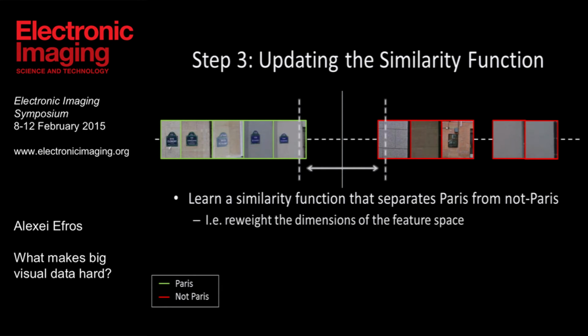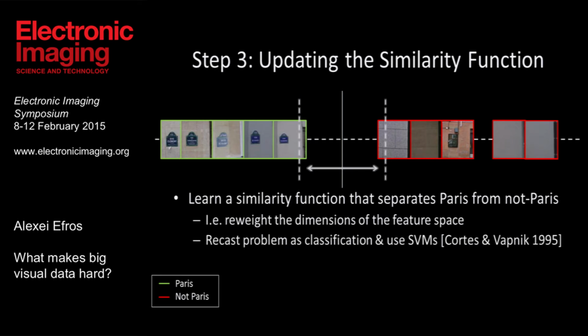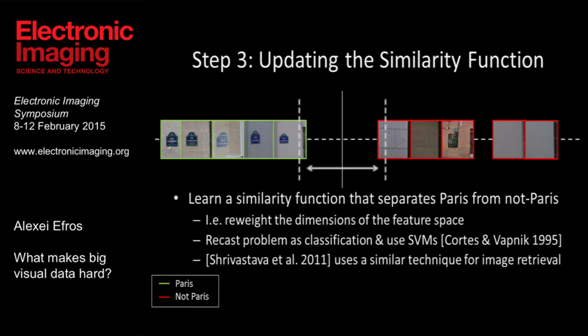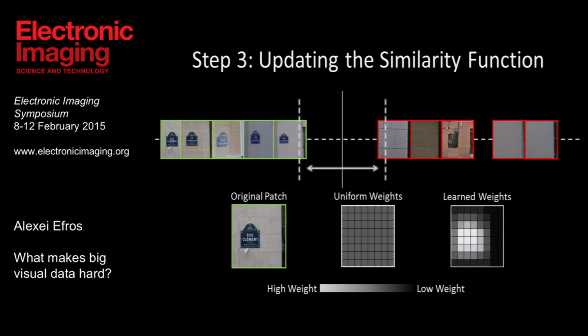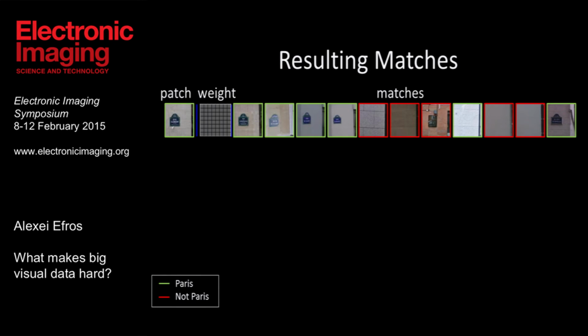So it's kind of your classic linear classifier. So we can just apply something like linear SVM to the representation, and basically get, you can think of it as a weighting on our distance to say, okay, find me the weighting that would best keep all the green things close and all the red stuff far.